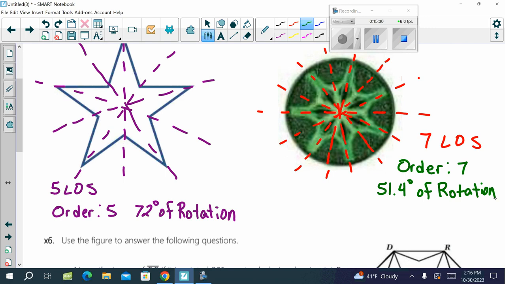All right, any questions there? Don't they always give you the same, the lines of symmetry? Really? That's gonna help. I think so. Okay, any other questions? All right, next.